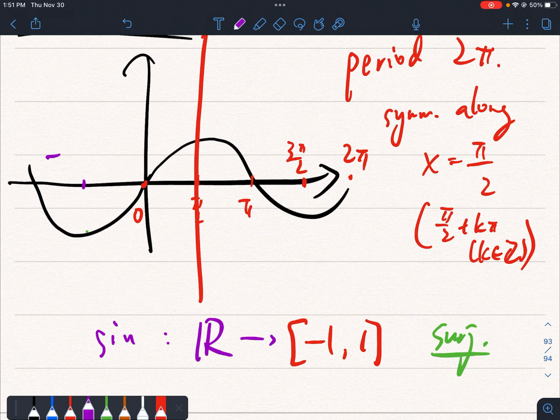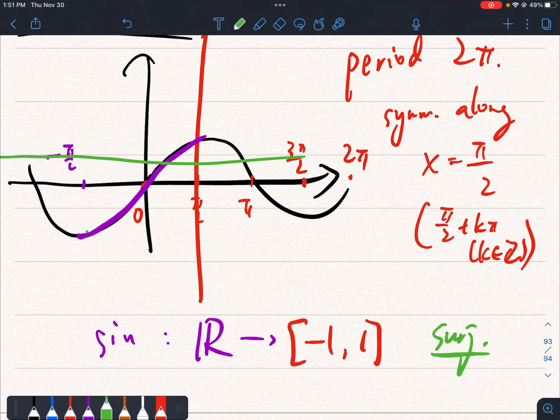So what you want to do is find a sub-interval such that it is 1 to 1. And then a perfect choice is just from minus pi over 2 to pi over 2. Just look at this one. Then you can see that it will attain every value from -1 to 1 exactly once, right?